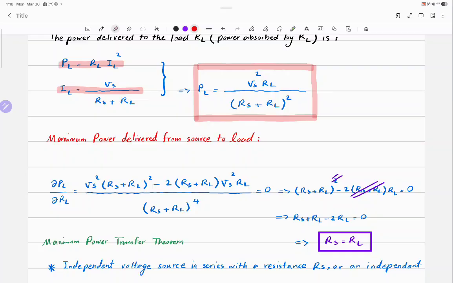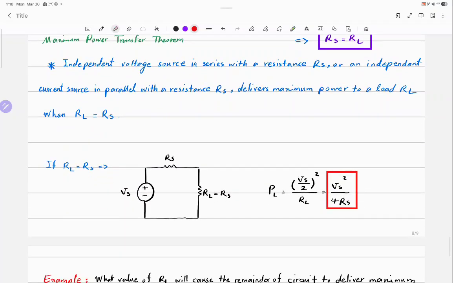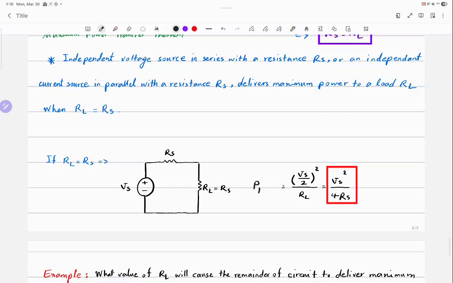Just plug RS instead of RL and simplify it, and you will get this. Let me write it as PL maximum. I want you to memorize this. The voltage squared over 4 times RS is the amount of power that is received by the load.